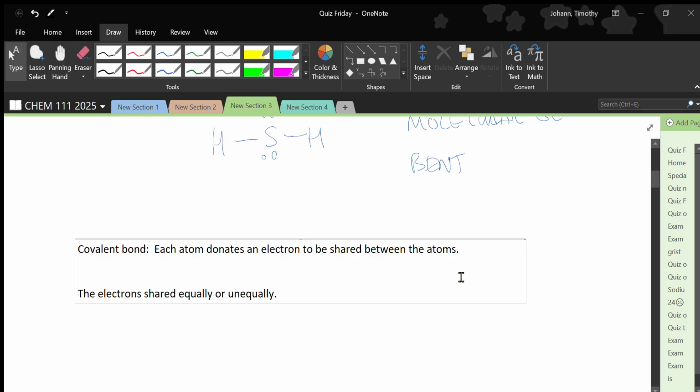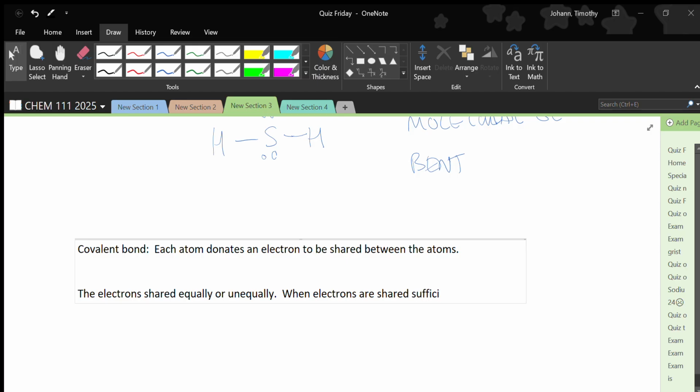All right? When electrons are shared sufficiently unequally, and we'll talk about what sufficiently is, okay? So when they're shared sufficiently unequally, we get what we call a polar bond, and more specifically, a polar covalent bond.